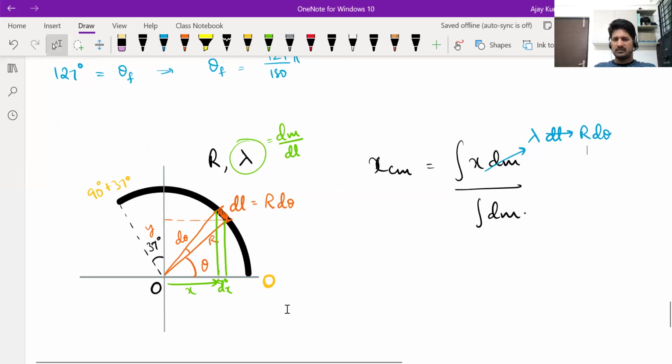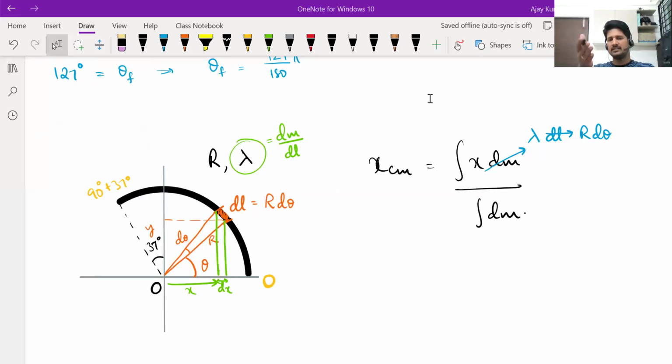Okay, Vanilla, don't answer. Others, any one of you tell me how to write x in terms of theta. You can recollect how we wrote y in terms of theta if you want. On similar lines, you tell me how to express x in terms of theta. Sir, x is equal to r cos theta.